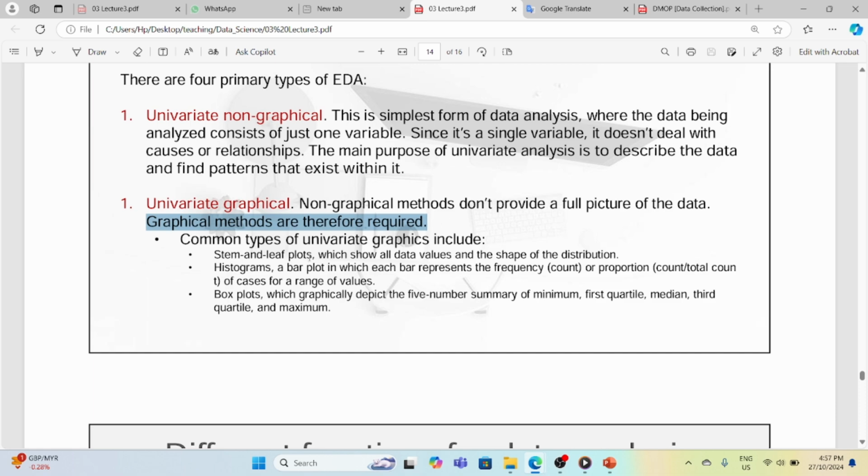Common types of univariate graphics include the stem and leaf plot, which shows all the data values and the shape of the distribution. Histogram, a bar plot where each bar represents frequency. Box plot. Okay, these are the types of univariate graphical.